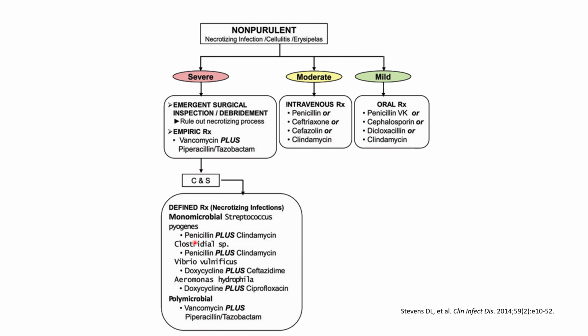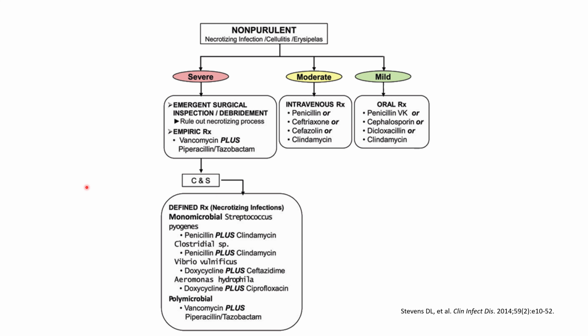If it's Streptococcus pyogenes, we mentioned penicillin and clindamycin. If it's Clostridial, penicillin and clindamycin. If it's Vibrio, doxycycline plus ceftazidime. Here we're not worried about toxin production. Aeromonas is doxycycline plus ciprofloxacin.